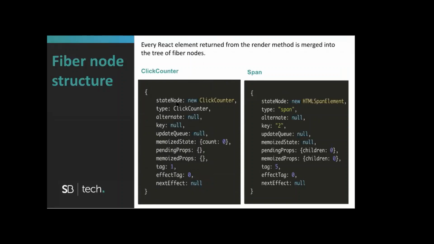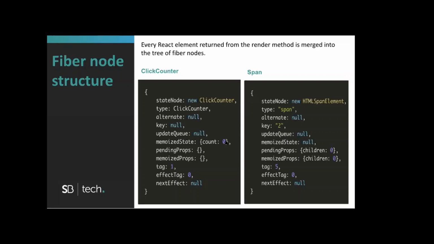You can see a state node. This property is used to hold the local state associated with the Fiber, and it has a type. It defines the function or class associated with a Fiber. For a class component, it points to the constructor function, and for DOM elements, it specifies the HTML tag.